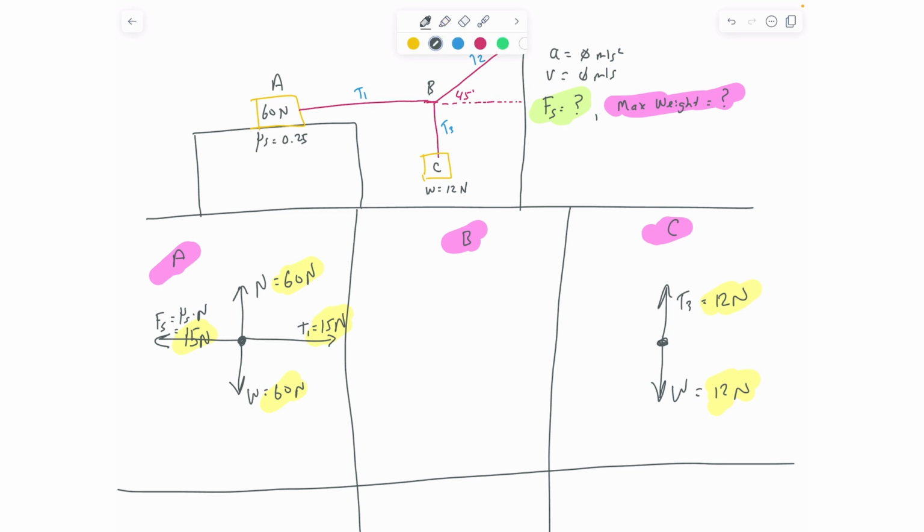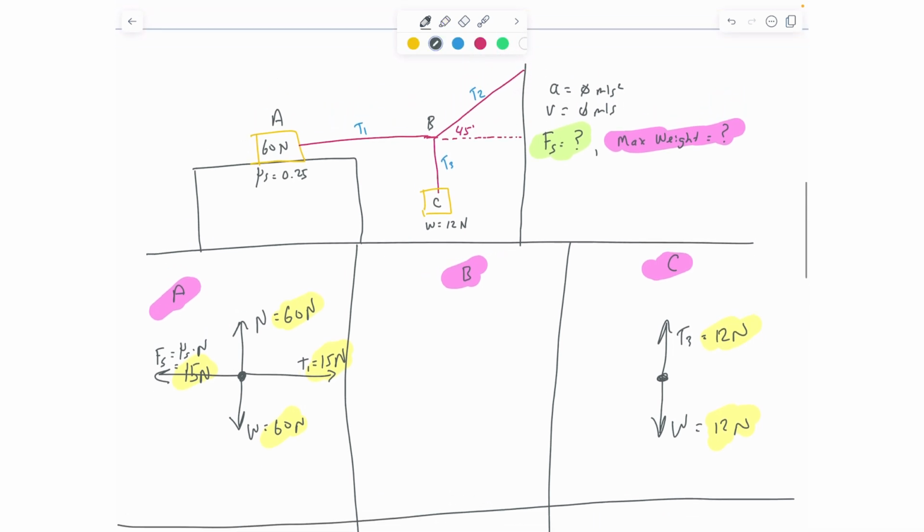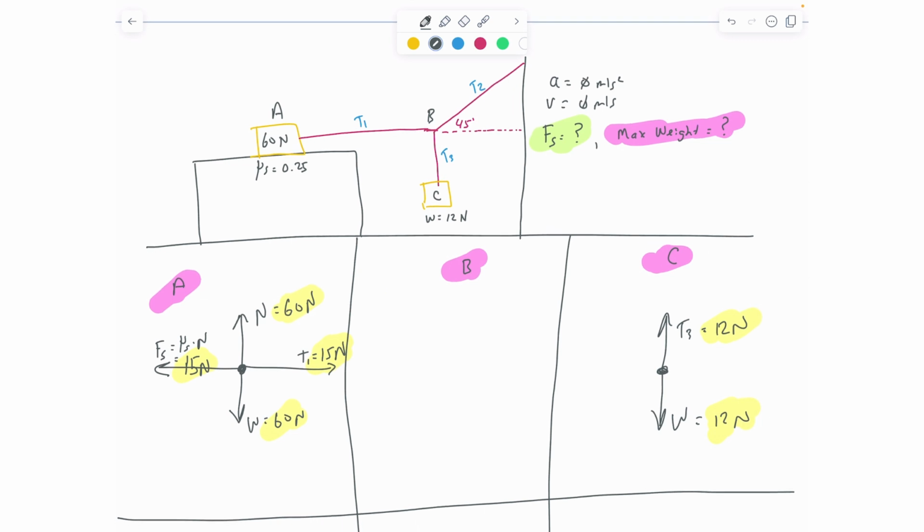Great. Next one is the trickiest one, and that's B. That's like the knot in the middle. It has T1 going this way, T3 going down, and T2 going right there. You may remember that this is 45 degrees.